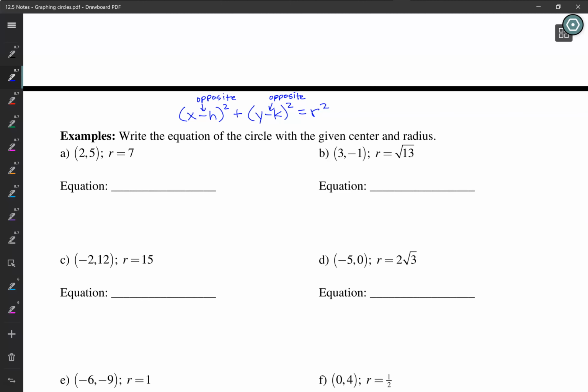If the center is 2, 5, I would have x minus 2 squared plus y minus 5 squared equals 7 squared. And I just have to square that. 7 squared is 49. So that's your answer.